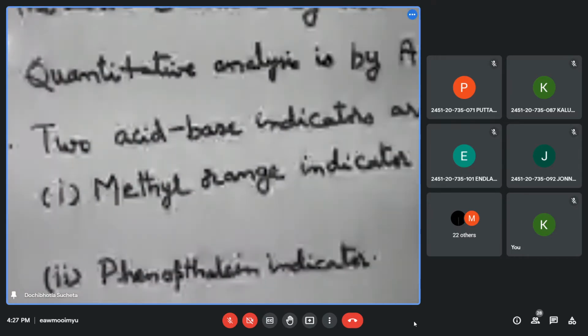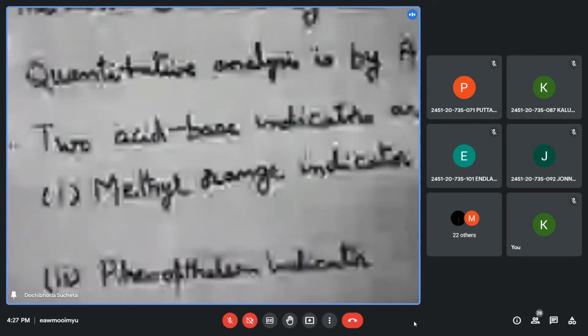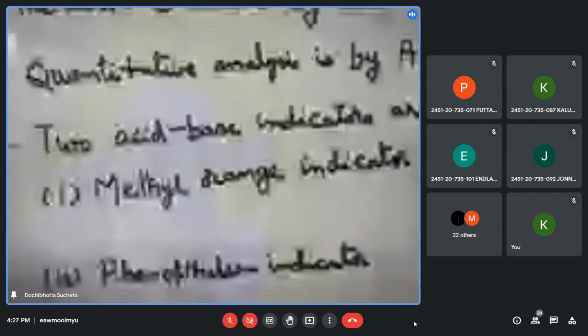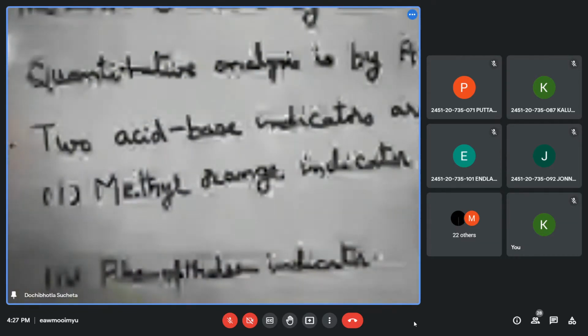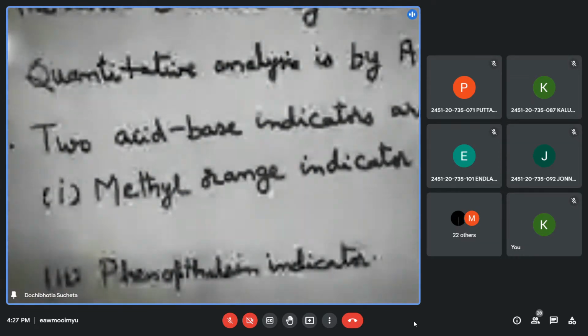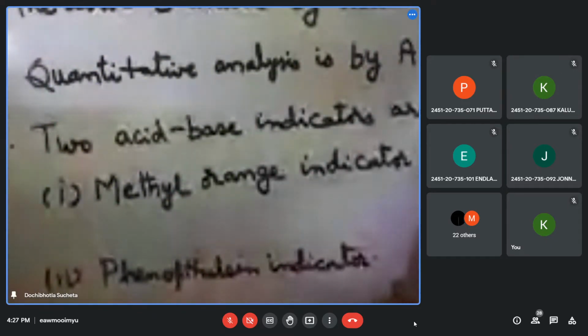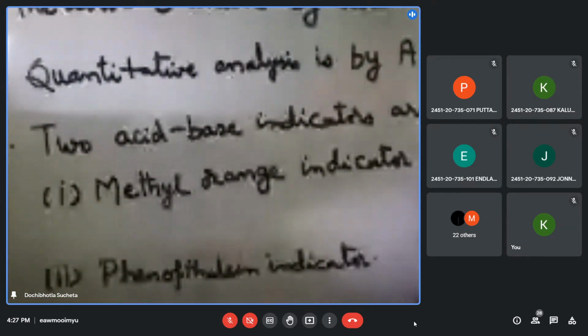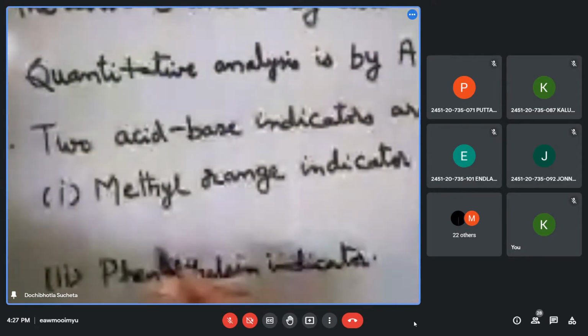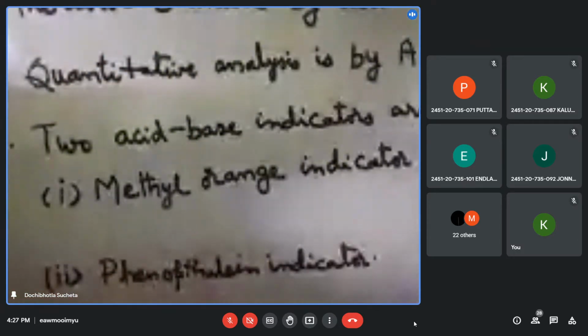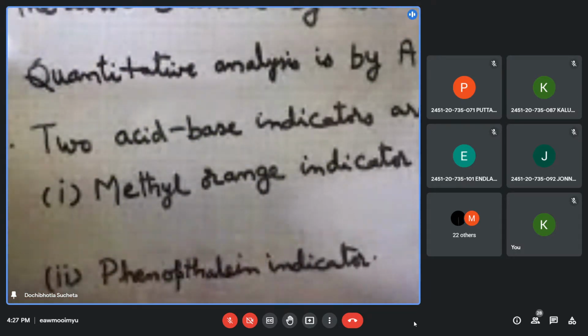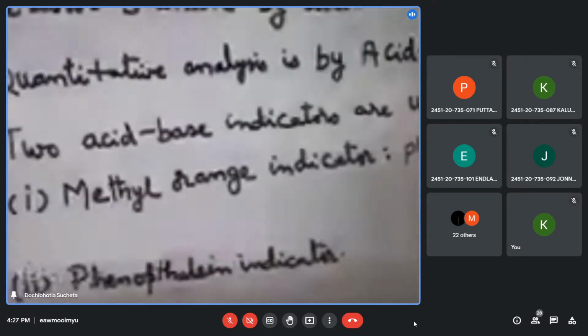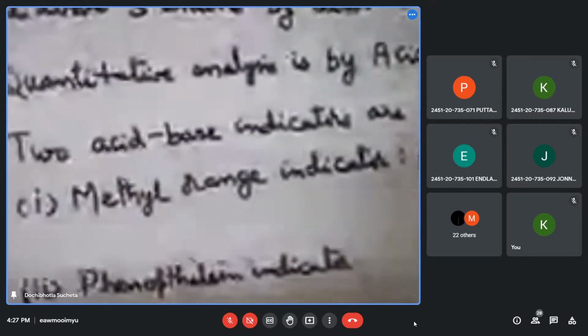Before I proceed ahead, I need to tell you about this methyl orange indicator. It is an indicator having a pH range. Its pH range is from 3.1 to 4.4. That's the first point.